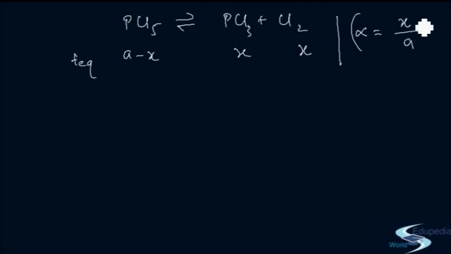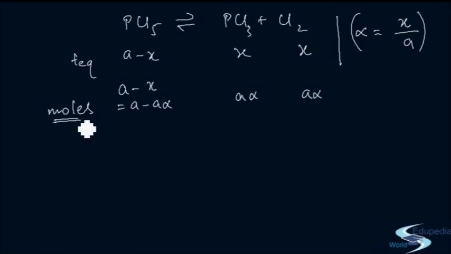So alpha is simply equal to x by A. This means that the amount of PCl5 left at equilibrium is A minus x, which can be written as A minus A alpha. x is equal to A alpha, so the amount of PCl3 is A alpha, and Cl2 is also A alpha. So these are the moles at equilibrium of all three components.